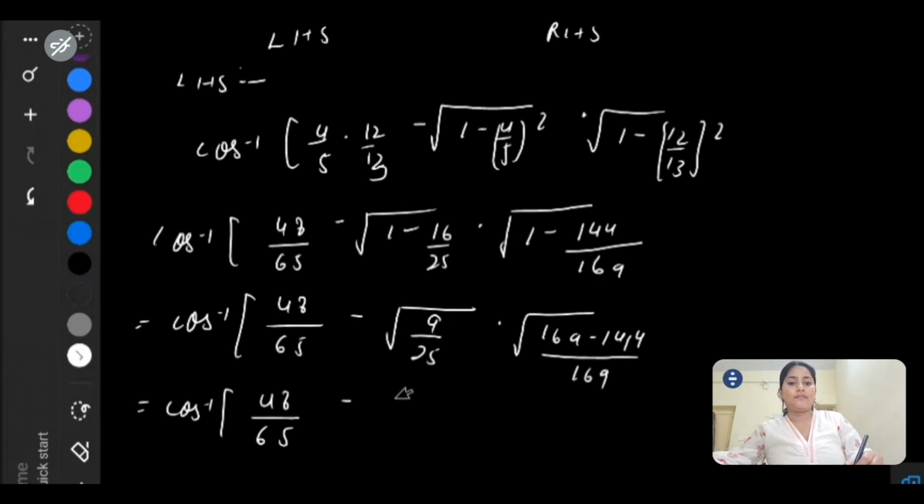In the next step, cos inverse 48 by 65 minus, taking it out of the square root, 3 by 5 into under root of 169 minus 144, which is 25, by 169.